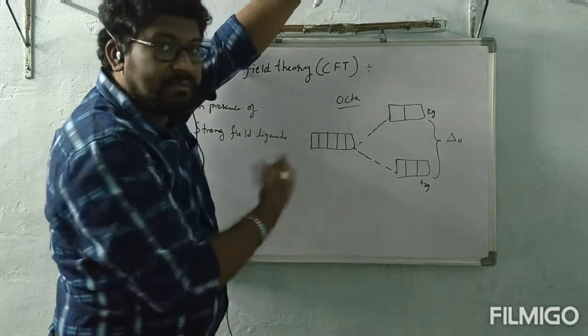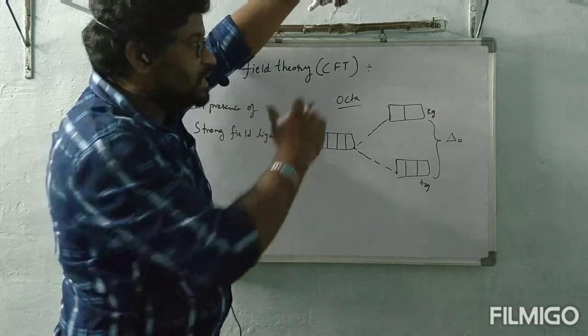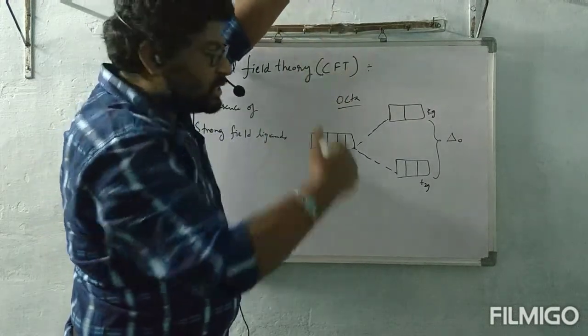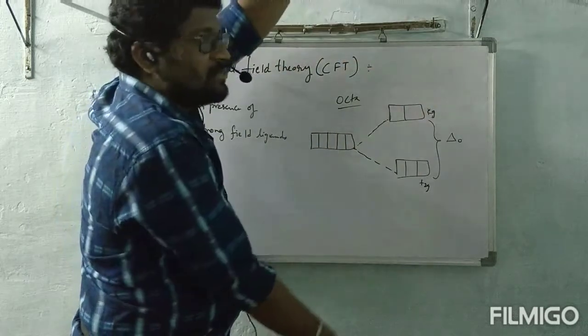The energy difference is the same. How much energy is increased for eg, that much energy is lowered for t2g. So the splitting is very high.